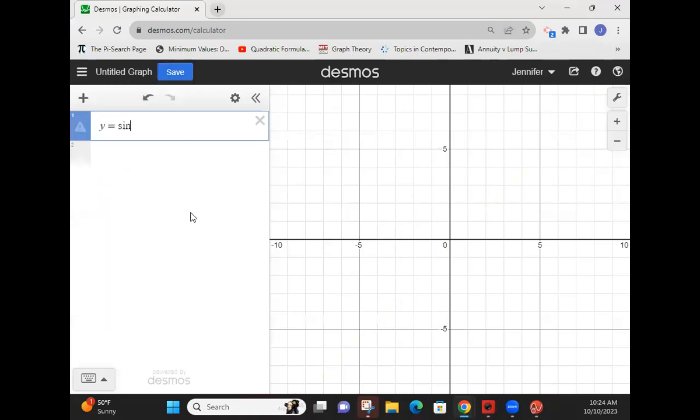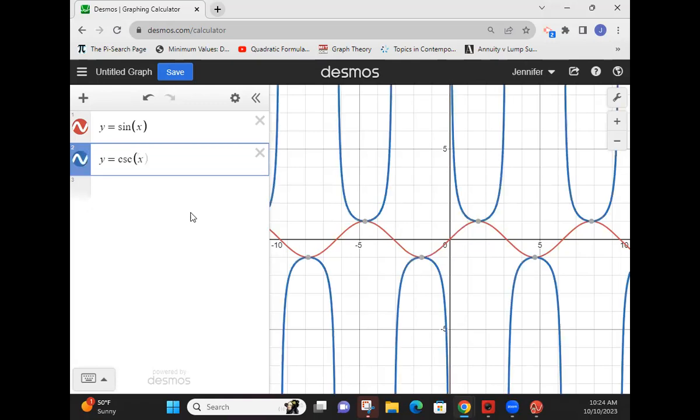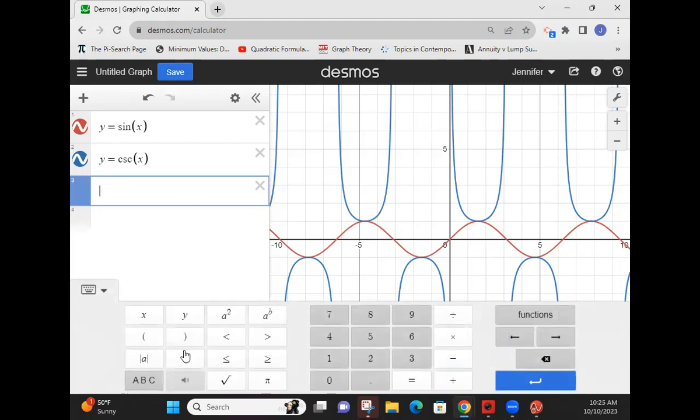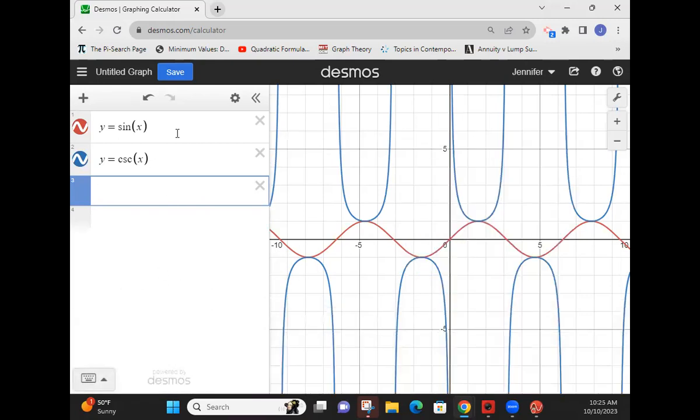If I graph sine of x and cosecant of x, and again, I'm just typing those in. I believe if you access your calculator down here in your functions, yep, there's our trig functions. If you wanted to get them from there, you could.